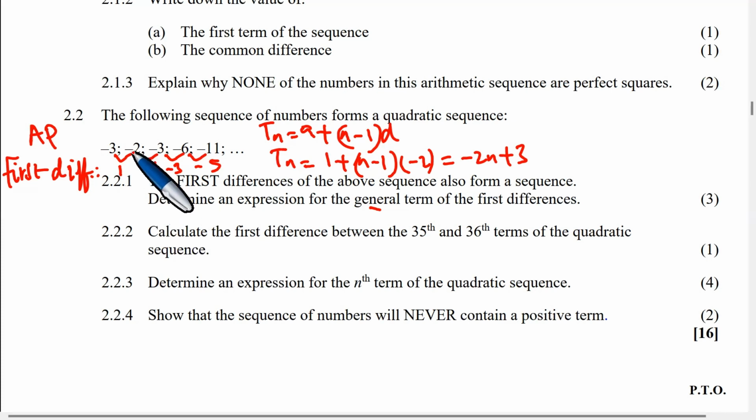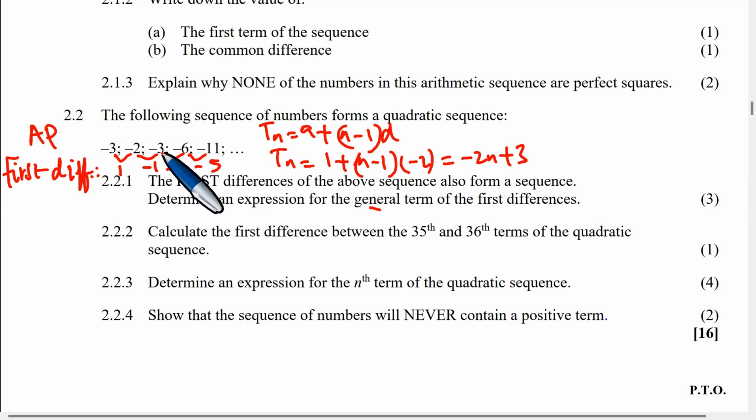Between the second and the third, what is the first difference? It is -1. Third and fourth, what is the first difference? -3. The question we are asking is the following.